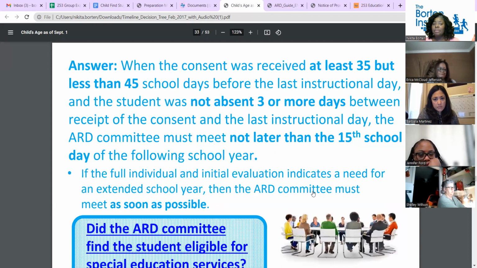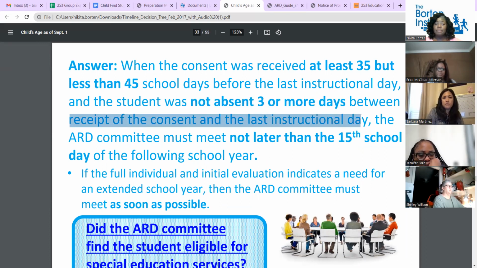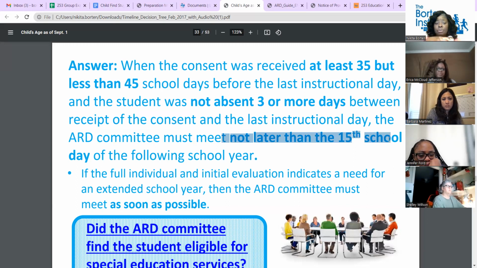It doesn't matter. When the consent was received in this weird 10-day period, and the student was not absent between consent and the last instructional day, the ARD committee has to have the meeting by the 15th school day.